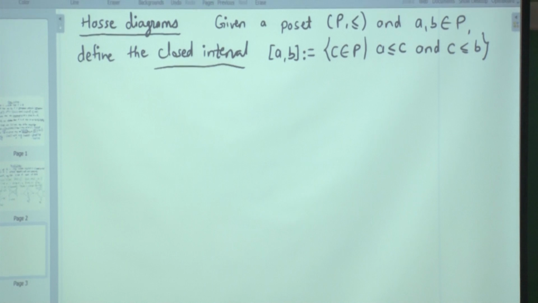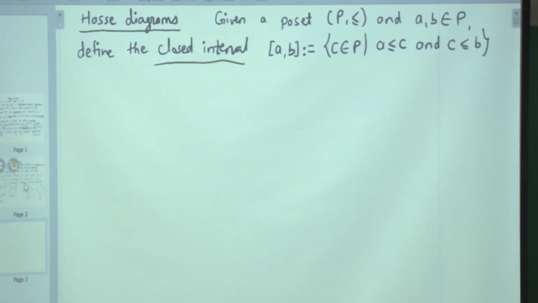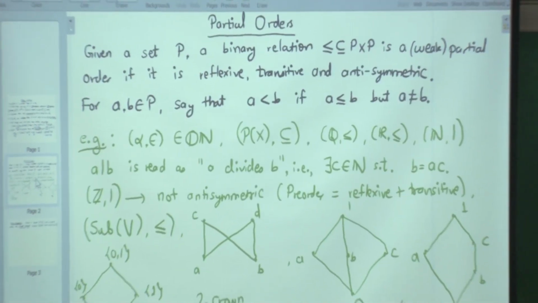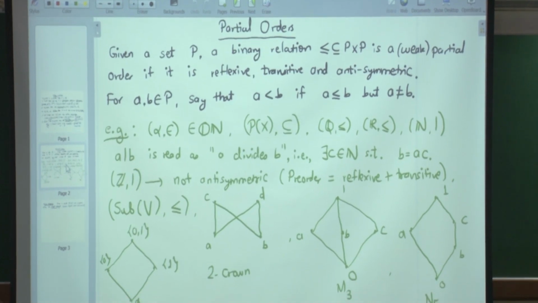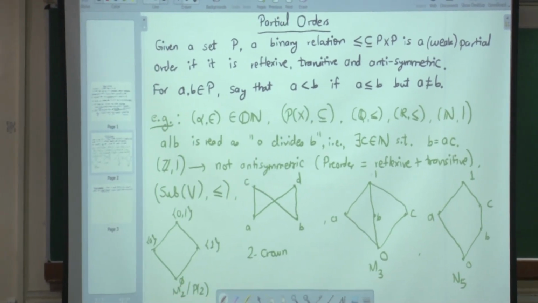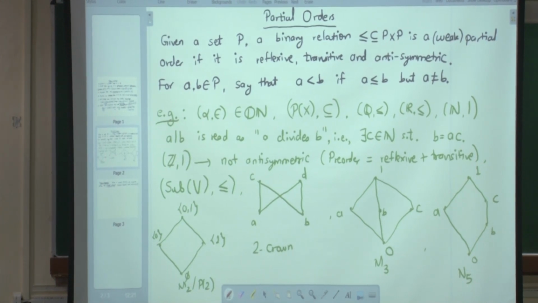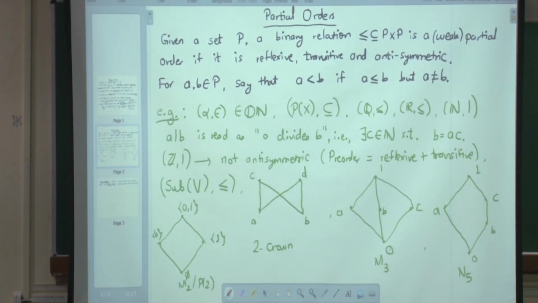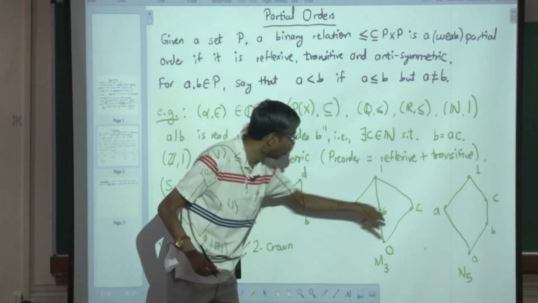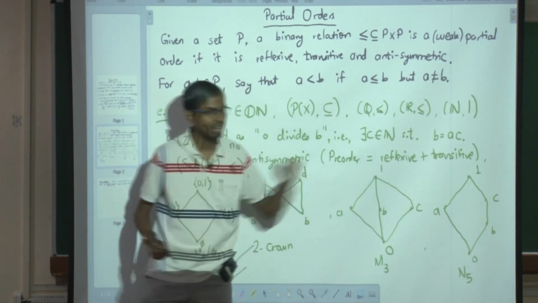So for example, let me go back to the previous thing. What is the interval from 0 to 1 in M3? The interval consists of everything, because 0 is less than all of these elements and these elements are less than 1.